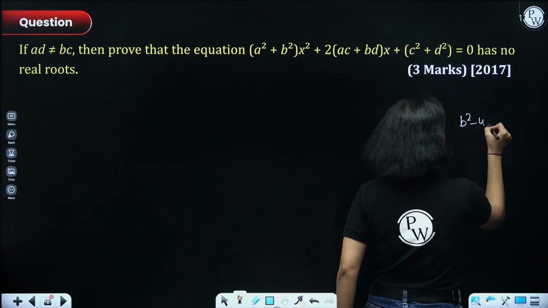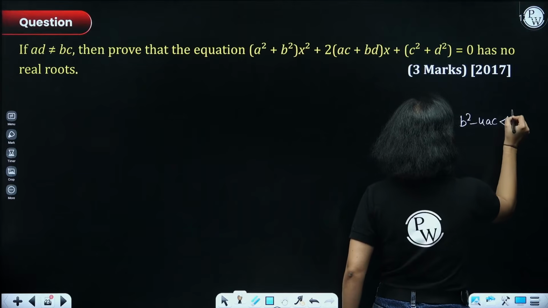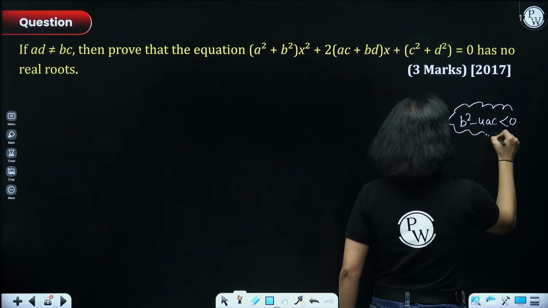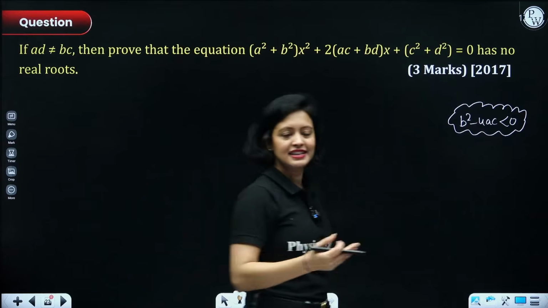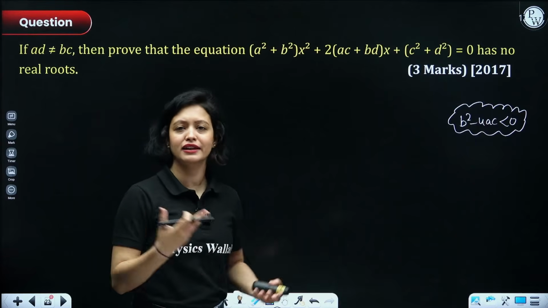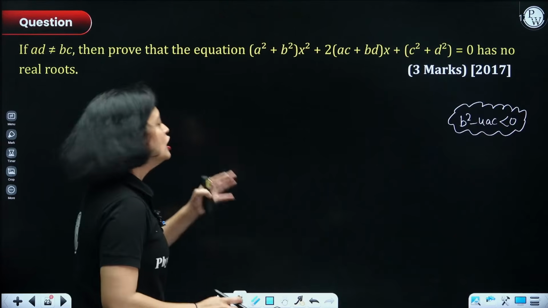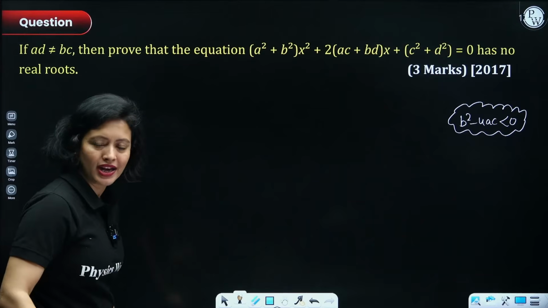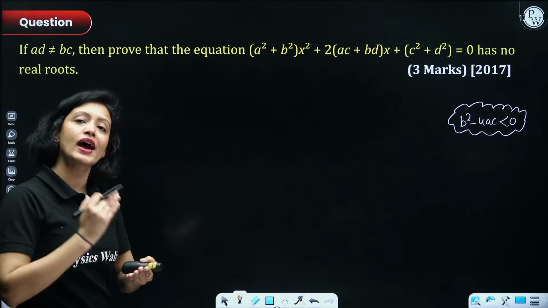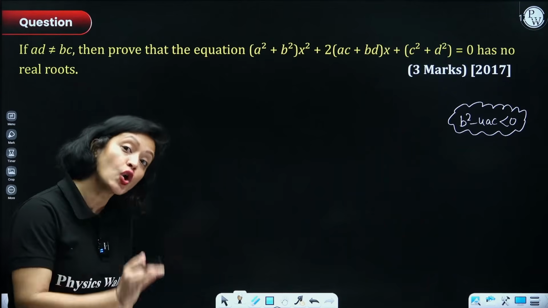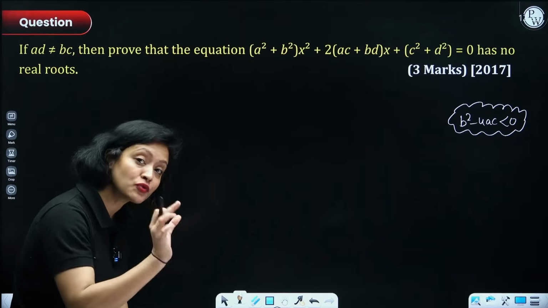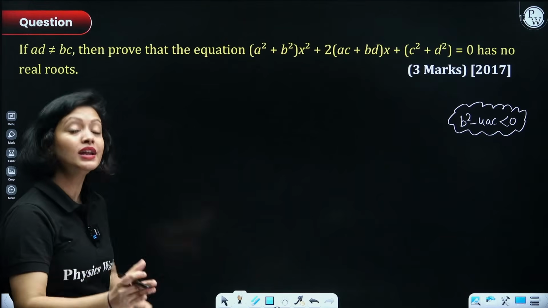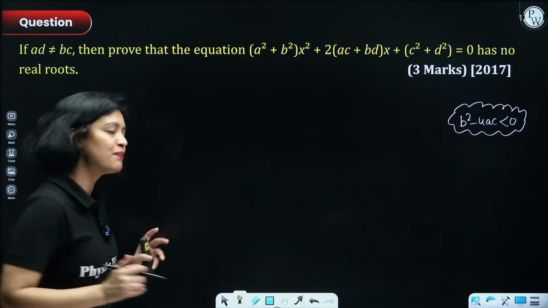Because if the discriminant is less than 0, the part under the root would be negative, so no real roots. So step number 1, guys, is we will figure out b square minus 4ac first, and we will show that it is actually less than 0. Okay?